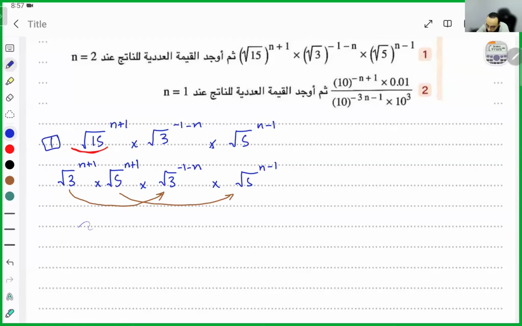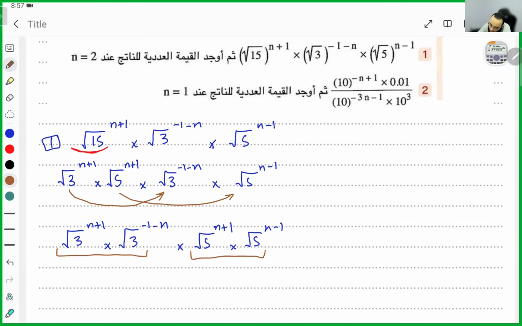So I write root 3 power of n plus 1 times root 3 power of negative 1 minus n beside each other. And then I write root 5 power of n plus 1 times root 5 power of n minus 1 beside each other.